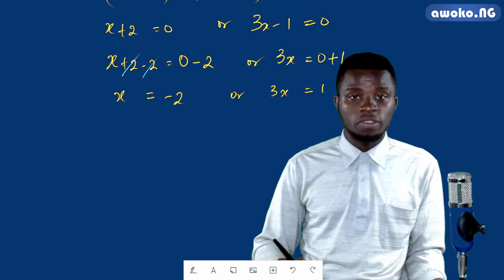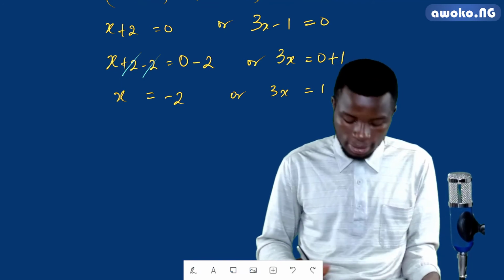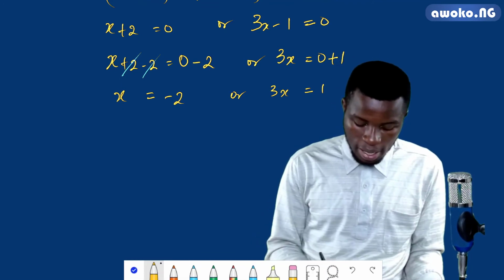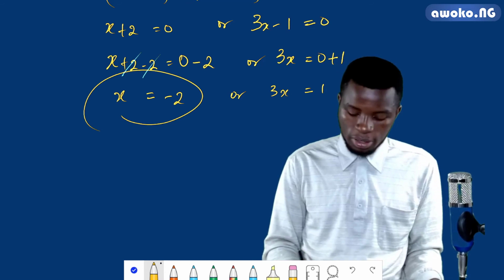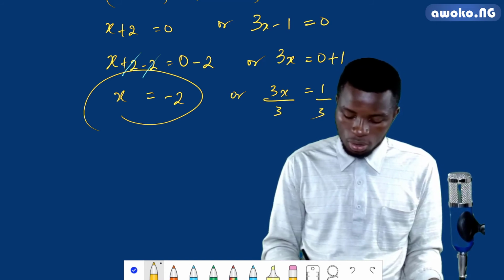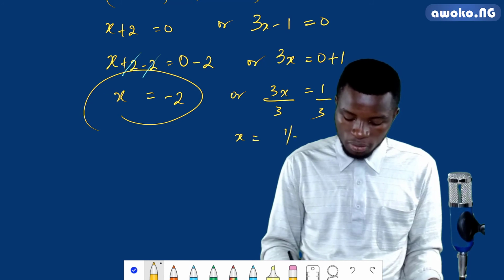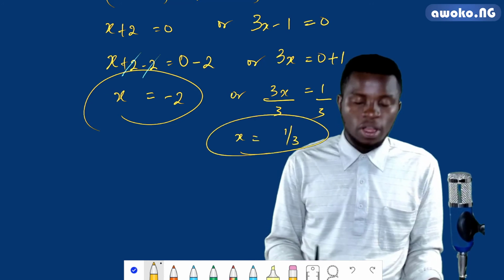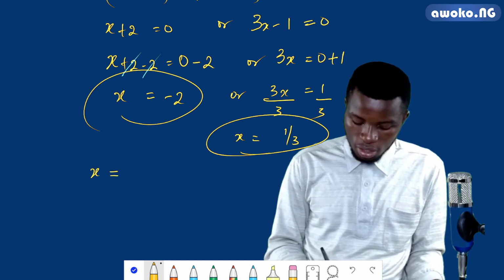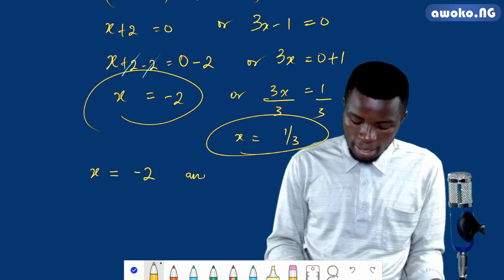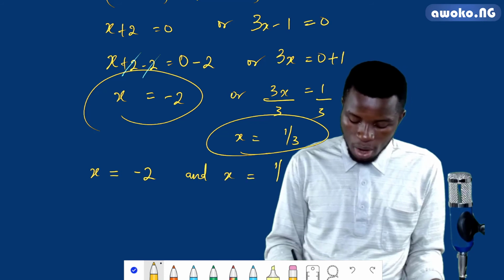Since we are looking for the value of x on both sides, x is already equal to minus 2. Then if we divide through by 3, just to make x stand alone, we have x equals 1 over 3. Therefore, the roots of this equation are x equals minus 2 and x equals 1 over 3.